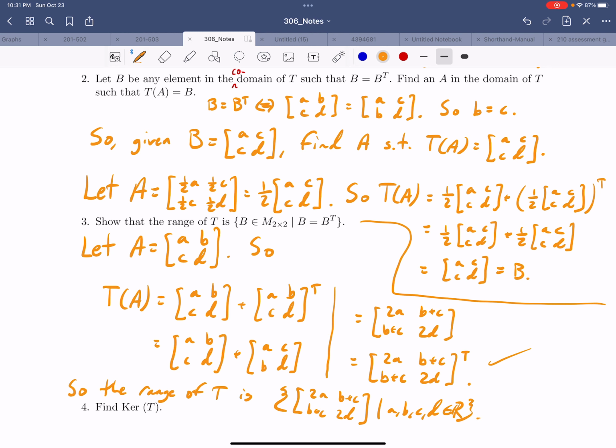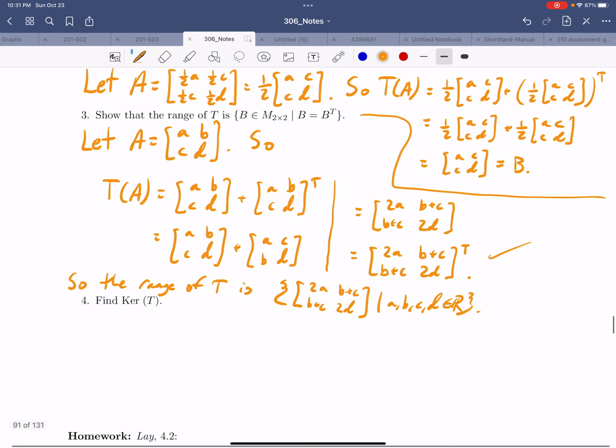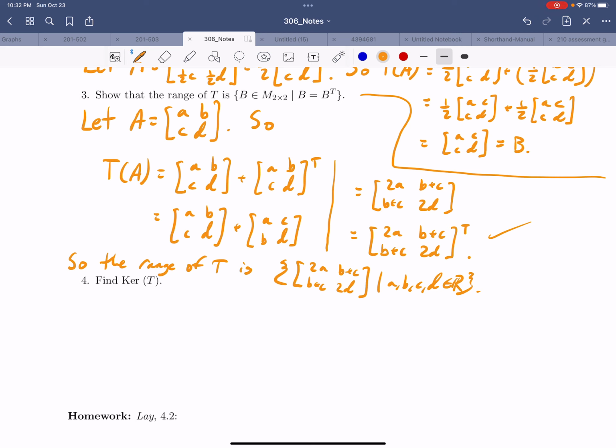Okay? So we're done. Because that equals its own transpose. So no matter what you plug into the transformation T, you're always going to get a 2 by 2 matrix that equals its own transpose.